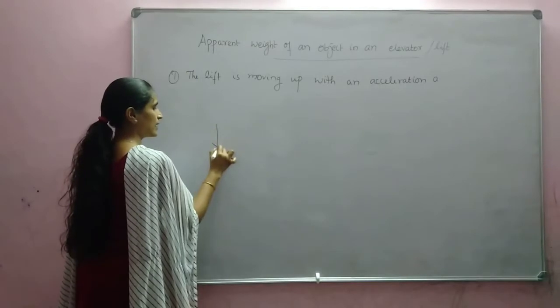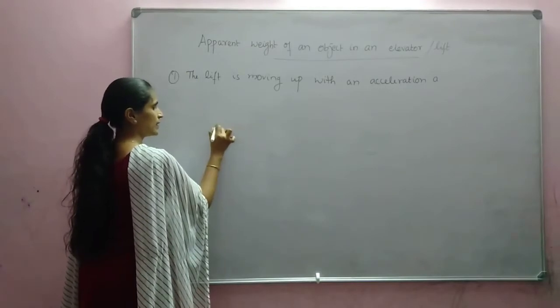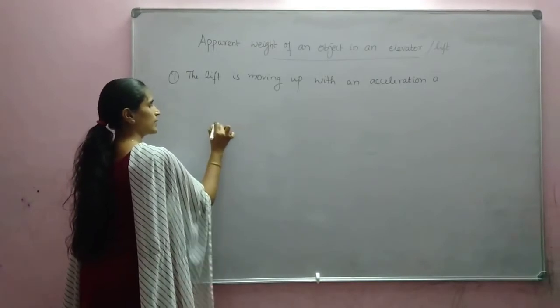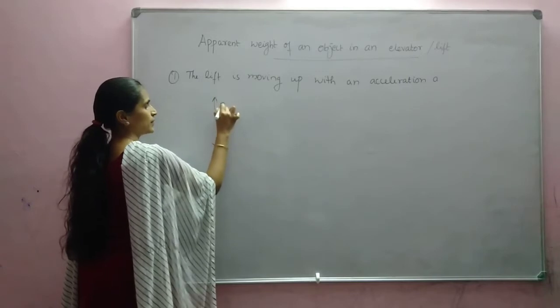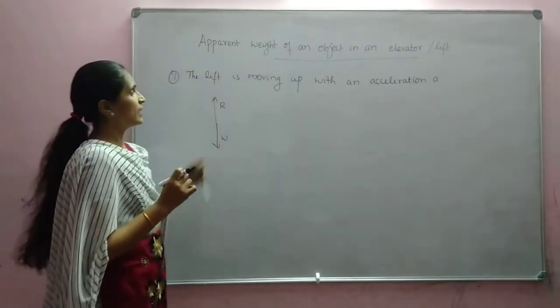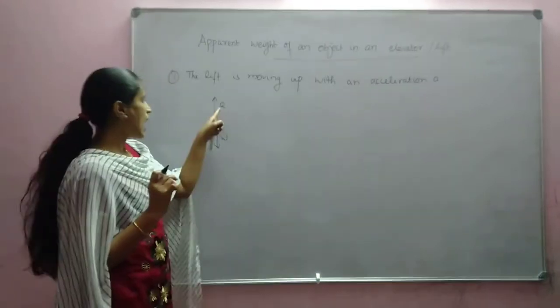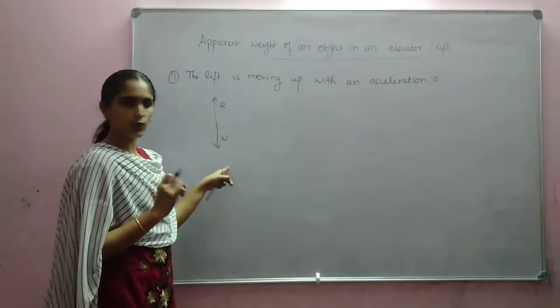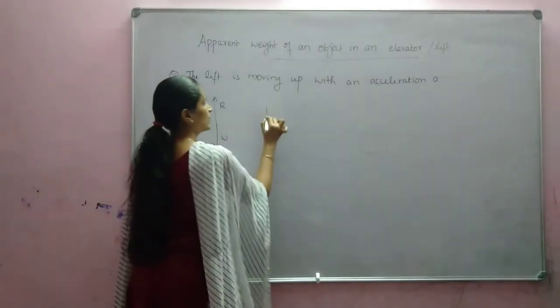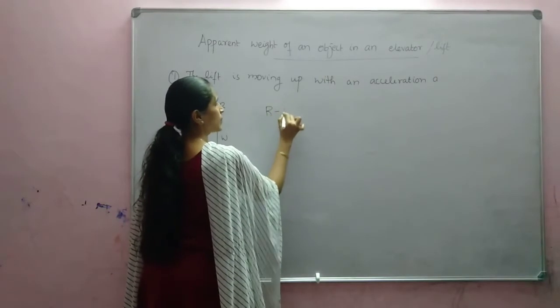Okay, so which are the forces acting? We can see here W is acting downward and normal reaction is in upward direction. Here it is moving up with an acceleration a, which means R is greater than W. So we can write net force is given by R minus W.